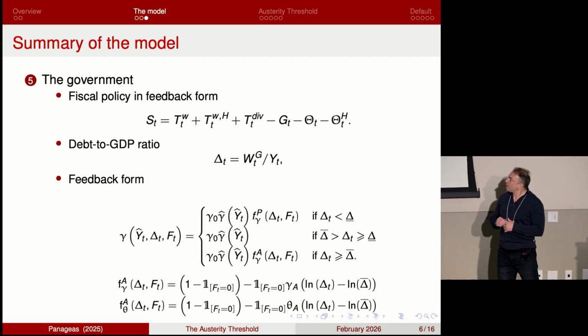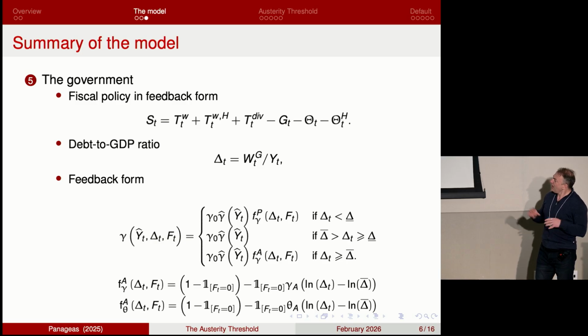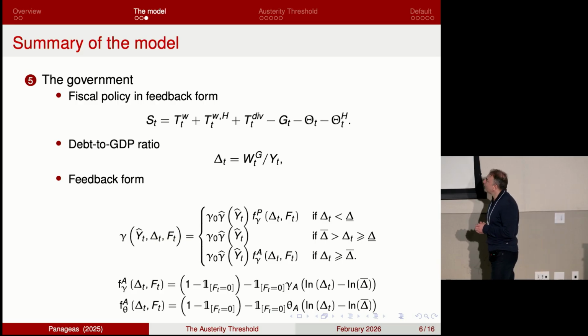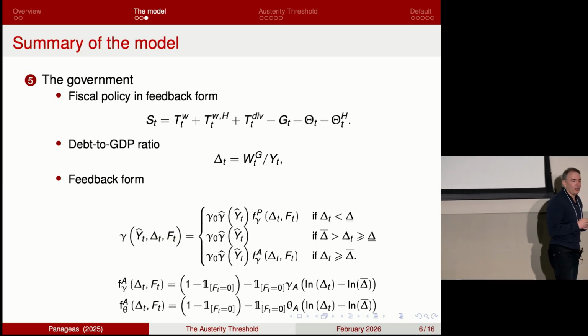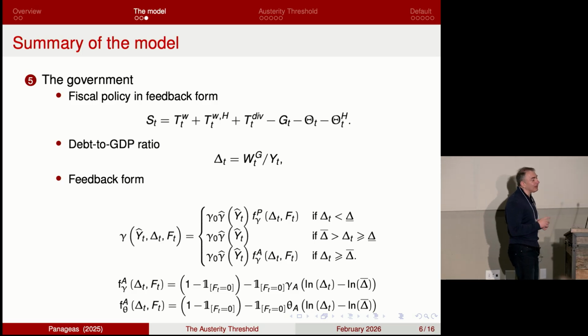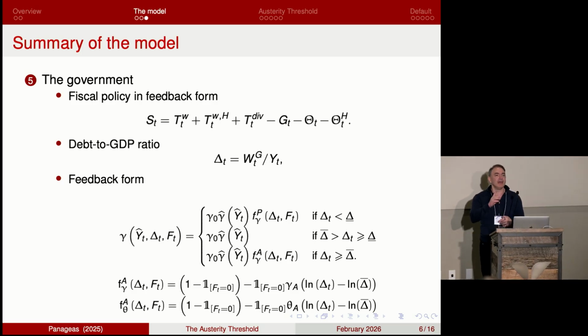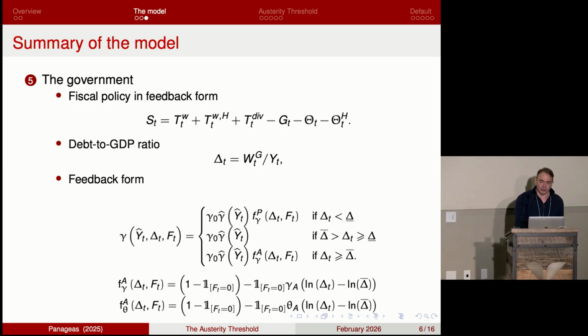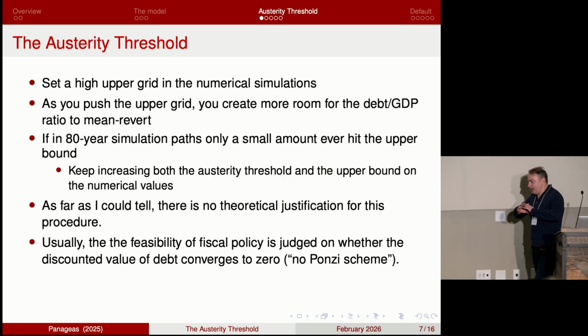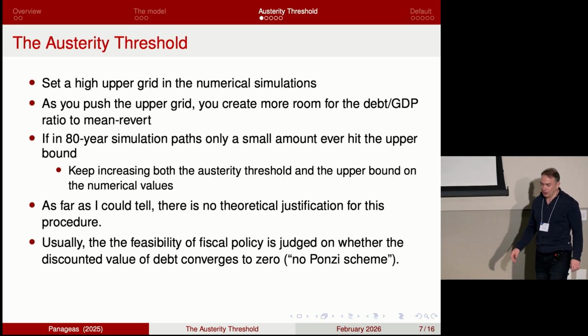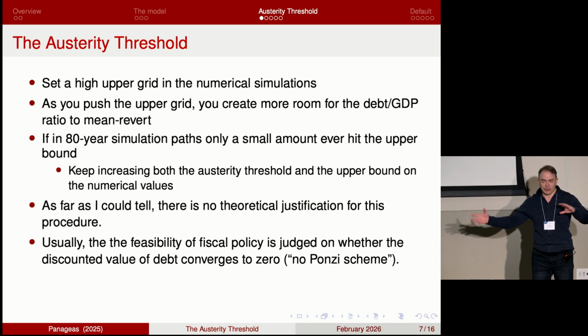For those of you who have taken a macro course recently, macroeconomists would call that a passive fiscal policy. I'll get back to why that may be important later, if we have a little bit of time.